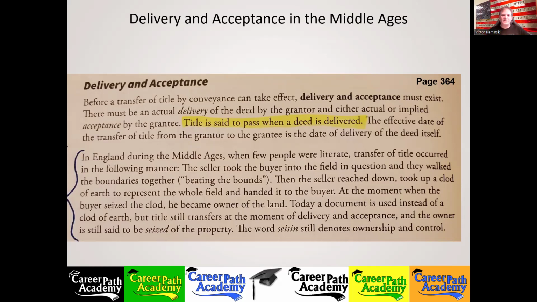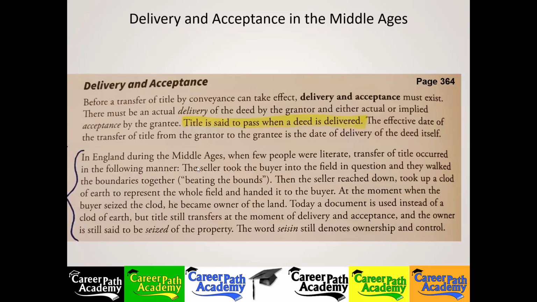Well, back in the Middle Ages, only the rich were educated and knew how to read or write. Everybody else was a laborer, working for kings and queens, right? So let's close our eyes and just listen to this little story and picture these little cartoon characters as I read the story to you, okay? I'm going to do it in my little Schoolhouse Rock type voice here. So let me give you that.